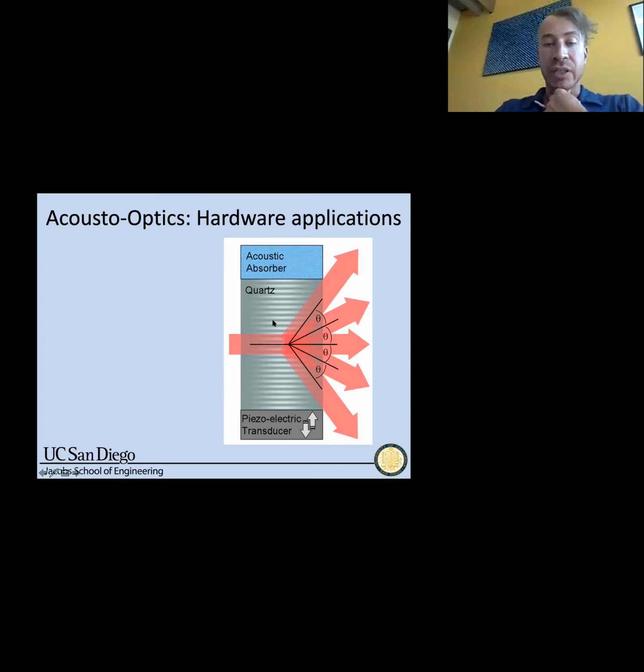By changing the central frequency of this transducer, you can change the refractive index of the quartz, and therefore change the angle at which the incident light emits from this chamber. That's kind of cool. But by and large, acousto-optics have had limited impact, at least in terms of in vivo biophotonics.